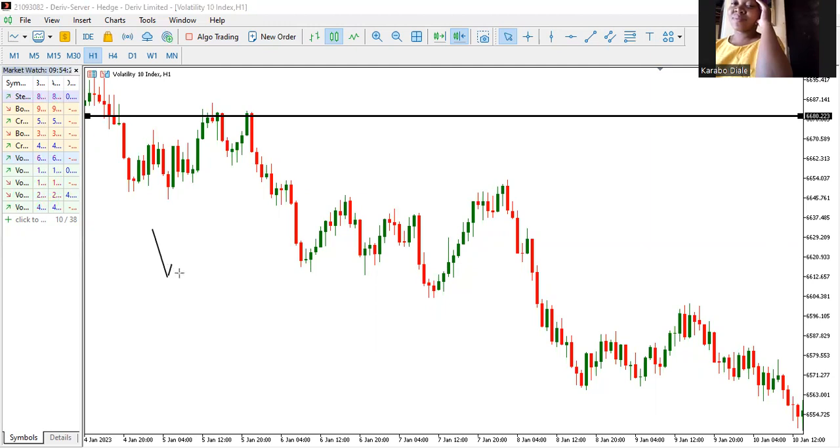The price moves like this, and then it could go in a good direction. When you enter, it also moves here. Even if we lose, you still know where the price is going.